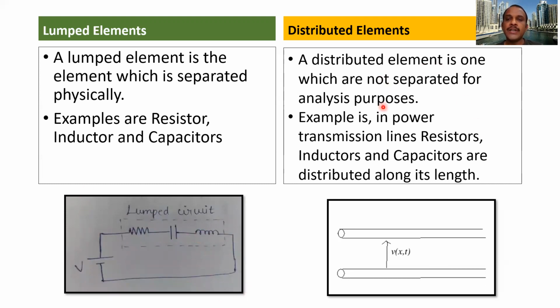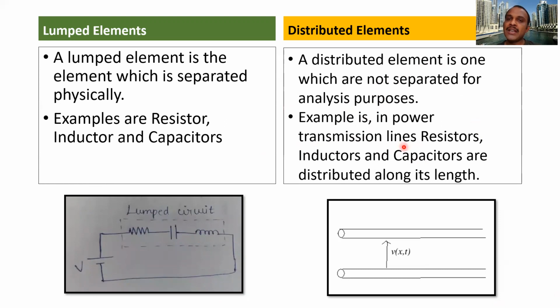We'll go to distributed elements. Distributed means they are distributed all over. The resistance, inductance, and capacitance are distributed and not separated. You can't separate them individually if you want to analyze them. They are called distributed elements. The example is the transmission line.